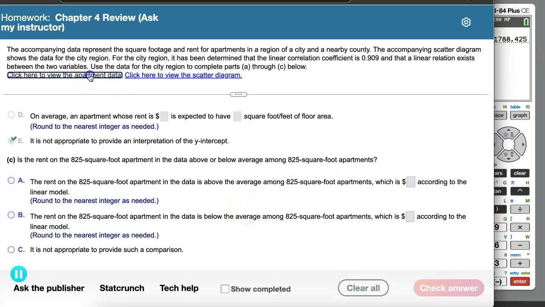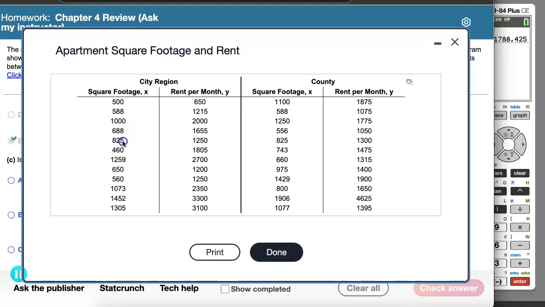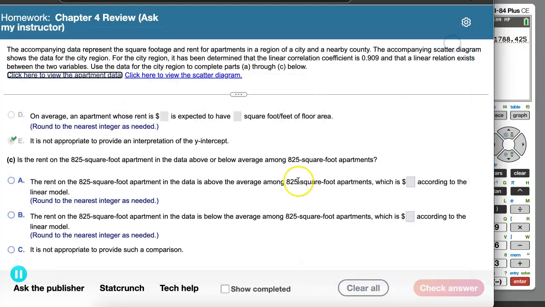Oh, and one more thing I have to do is I have to compare it to what the data says. So let me go back to that data, an apartment with 825 square feet, according to the data, should cost $1,250. Notice that what the line is telling me, the linear regression line is telling me, is on average it should be more than that. So the data is less.